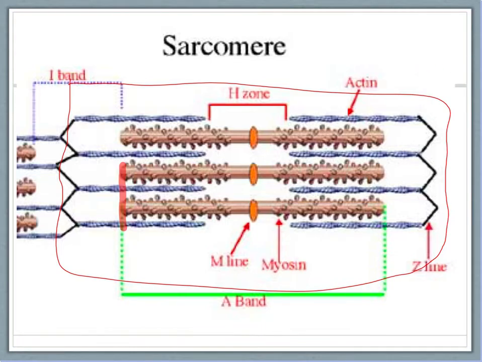Oh, I wanted green. So this is our A band here, which includes all of the myosin and some of the actin, depending on where the sarcomere is at. That is your A band.